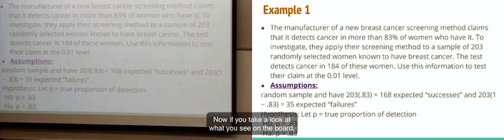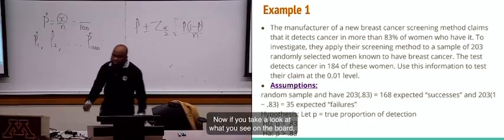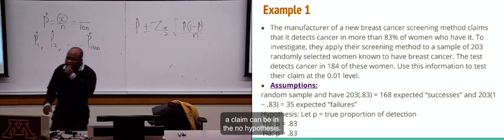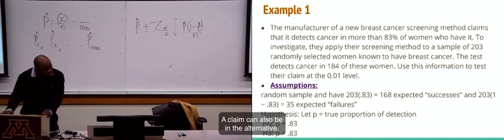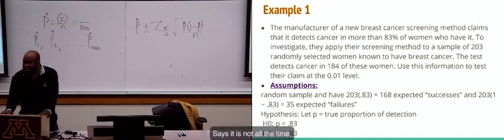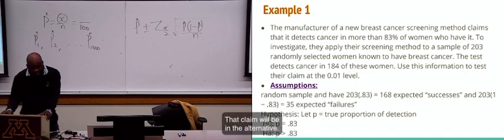If you take a look at what you see on the board, a claim can be in the null hypothesis. A claim can also be in the alternative. Does that make sense? It is not all the time that a claim will be in the alternative.